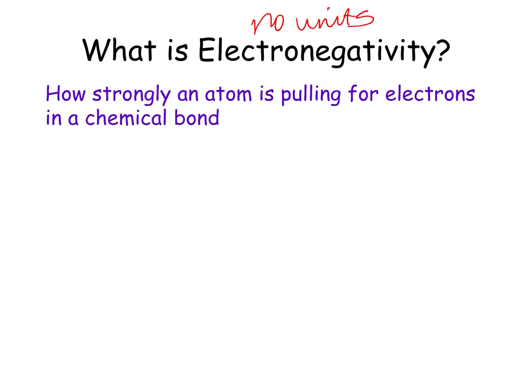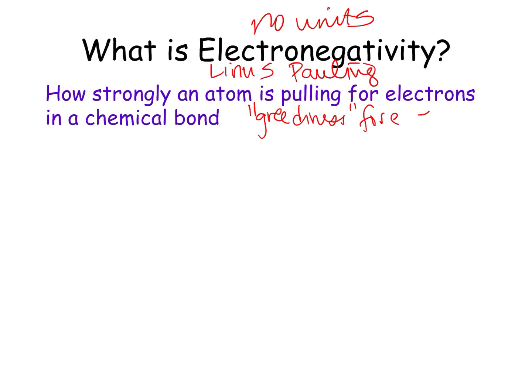Electronegativity is basically how strongly an atom is pulling for electrons in a chemical bond. I like to think of it as greediness for electrons. You can attribute electronegativity to the scientist Linus Pauling. And he was doing all kinds of experimentation with elements, and he knows that certain elements are more greedy for electrons than others.